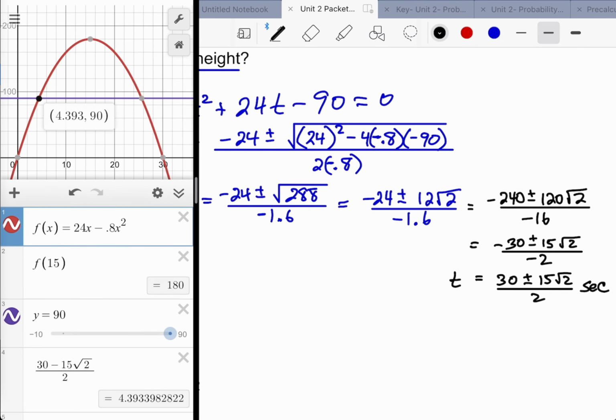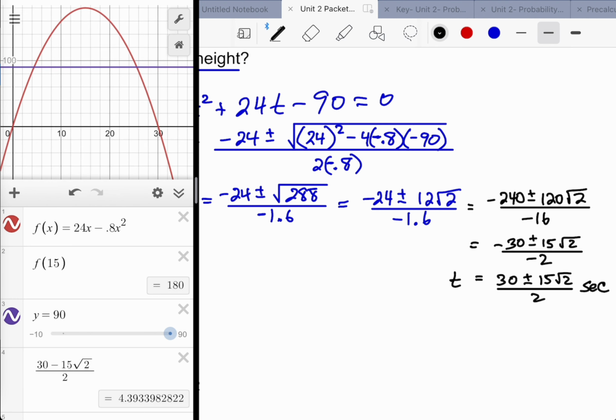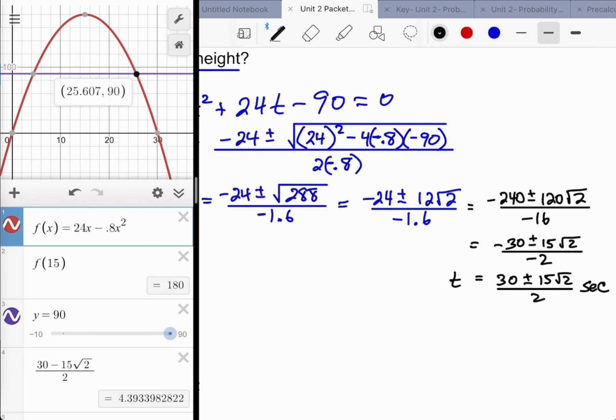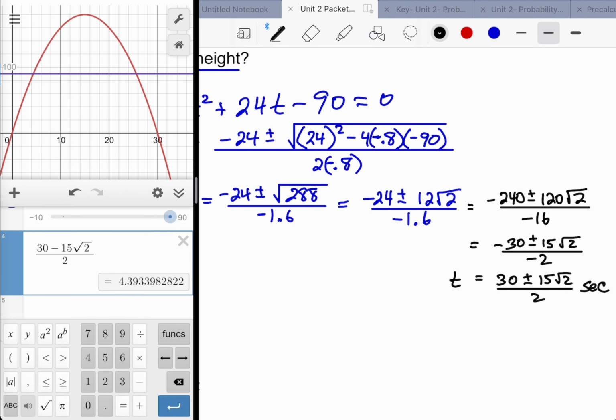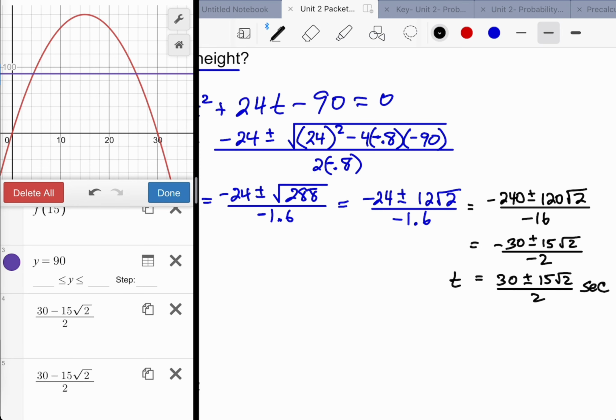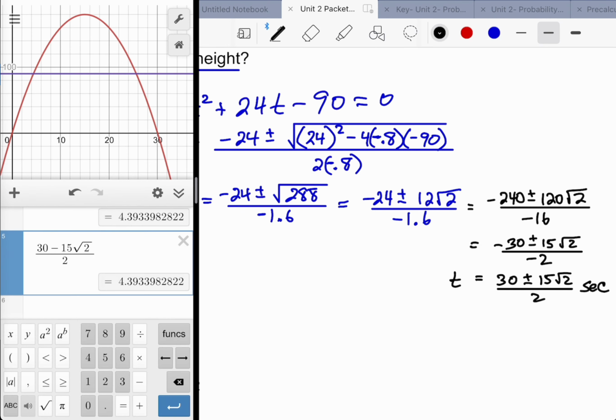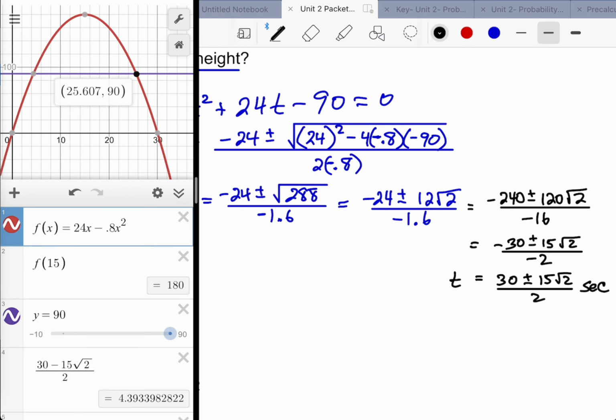That was one of them. So we're good there. Oops, that should be at 90. The other one should be somewhere in the neighborhood of 25. So a little duplicate, make the minus into a plus. 25 and change, 25.6-ish. So we got there.